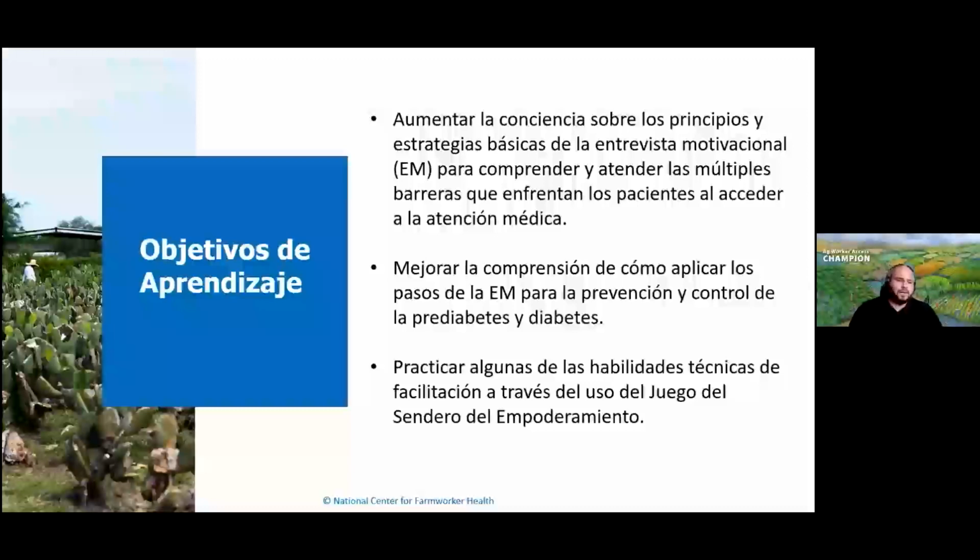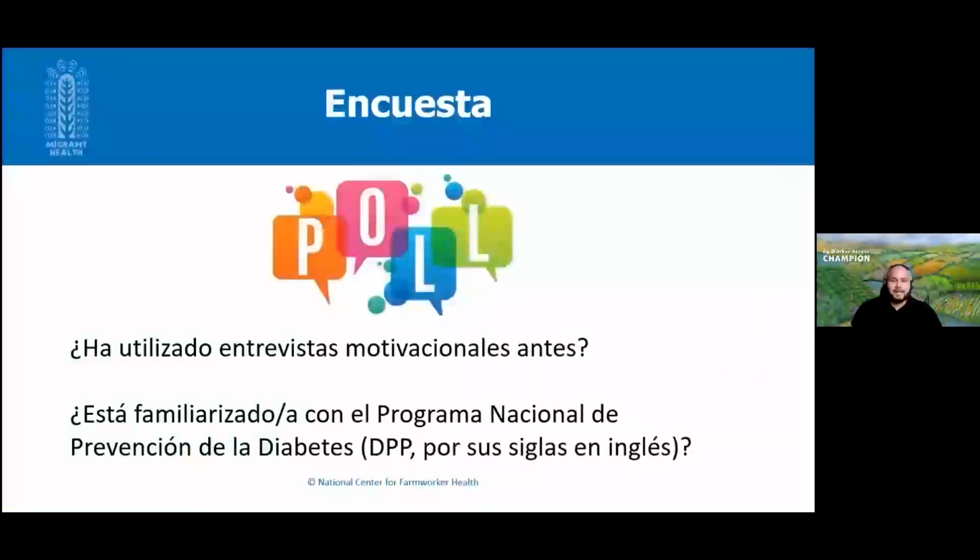We also want to improve our understanding of how to apply the steps behind motivational interviewing in order to prevent and control prediabetes and diabetes. And lastly, we're going to practice some of these technical abilities that we're going to share with you. These are facilitation skills through a game.